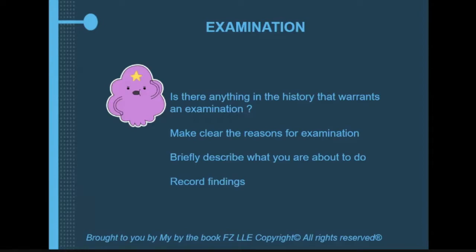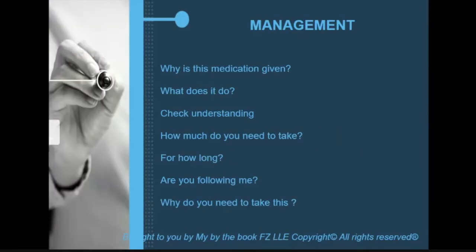Now, coming on to talking about the medication. Here comes the part where you need at least 4 minutes to talk about this medication. Why? Because this is a controlled medication, given only by prescription. So do spend some time talking about it.